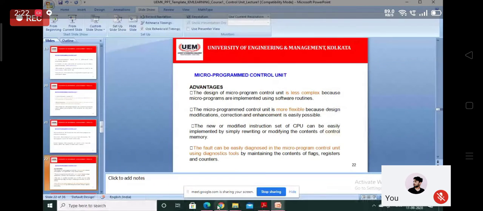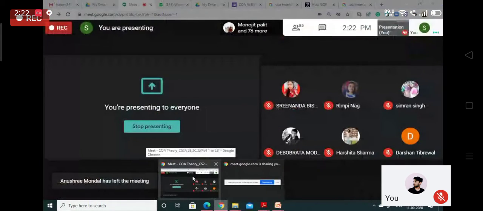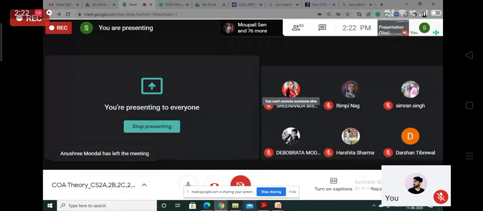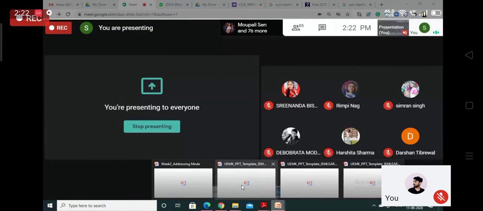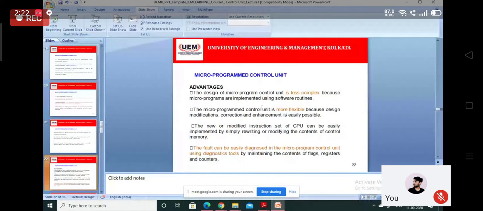In case of this microprogramming concept, those problems can be eliminated. So it is much more flexible, and you can also modify, correct, and enhance the program if the requirement comes. That is why software is much handier than hardware.